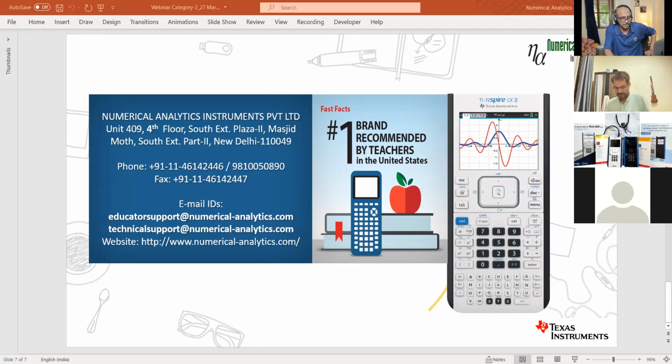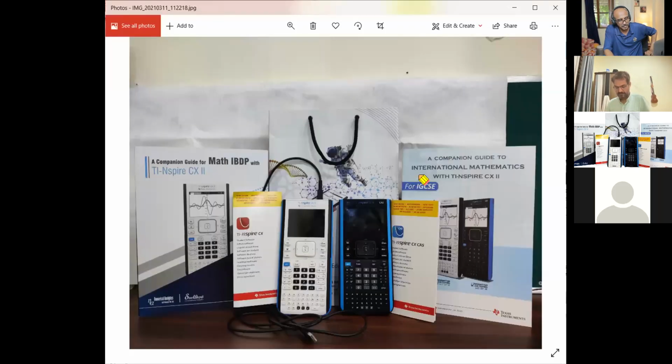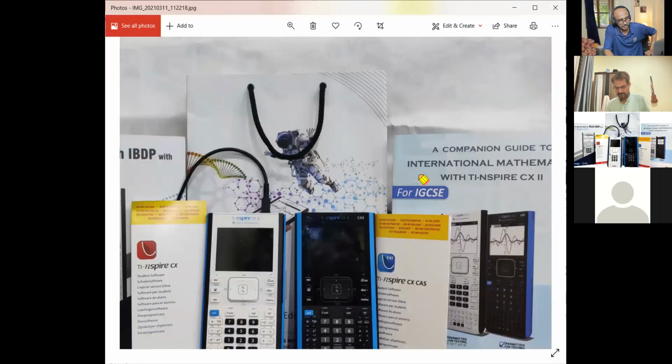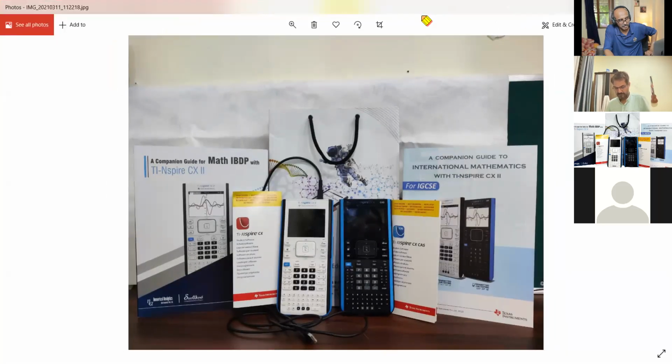We are giving one free guidebook along with the calculator to all the students who purchase directly from us. If they go through Amazon, Flipkart or any other online store, the guidebook will not be possible, but the schools can write to us and we will work it out.